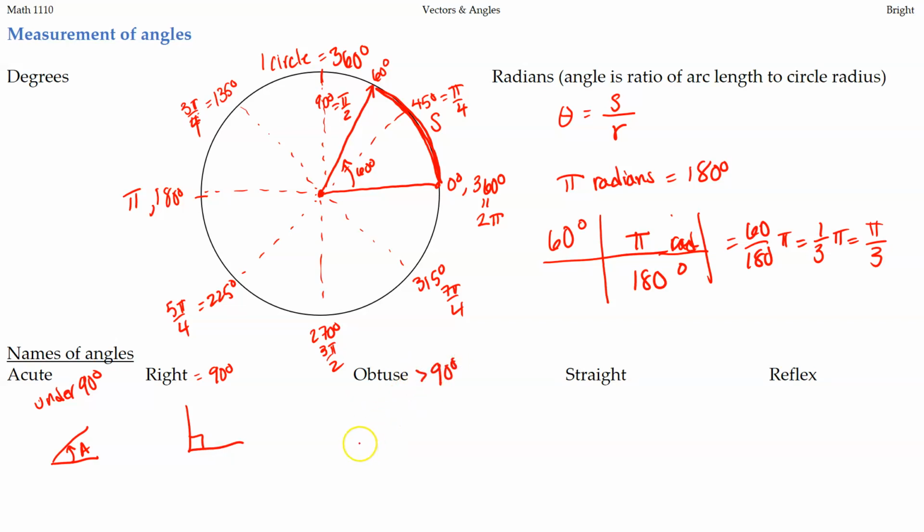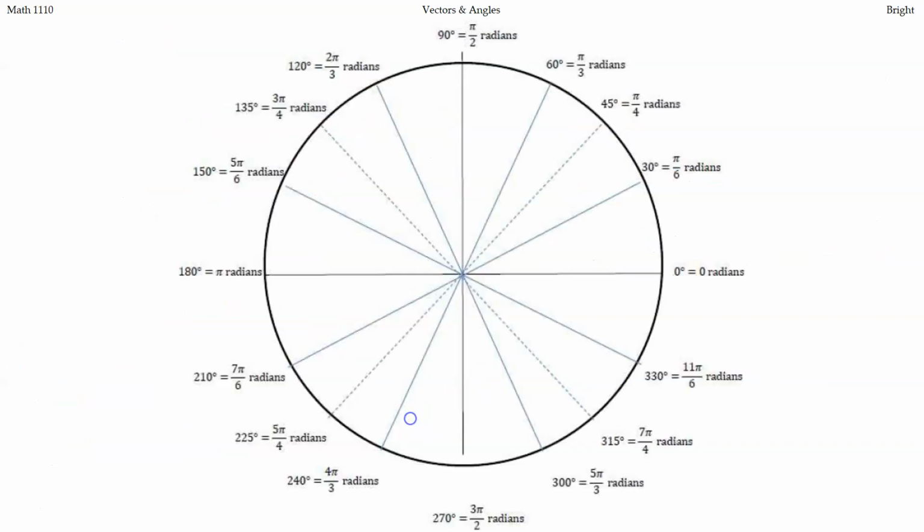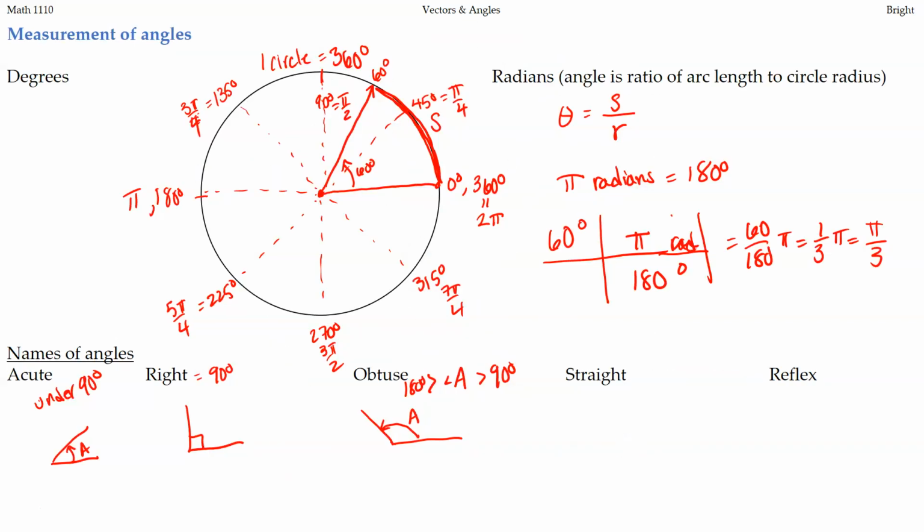So this is going to be something greater than, let me modify this. It certainly is greater than 90 degrees, so let's call this angle A, but it's going to be less than 180 degrees. So it's going to be something like this, where it's not completely a straight line, but it's certainly greater than a right angle. A straight angle literally is a line, so we go from there to there. Here's our ray.